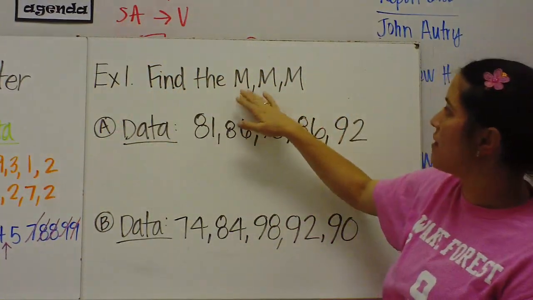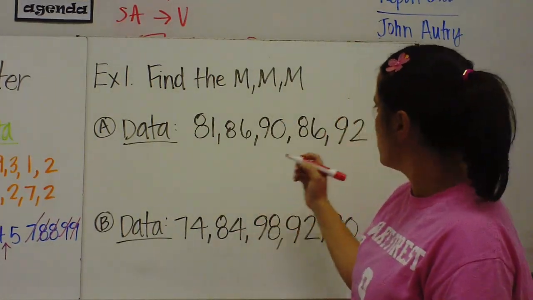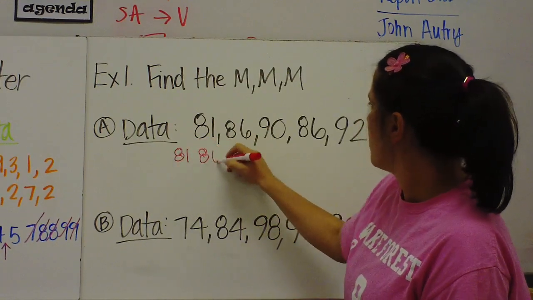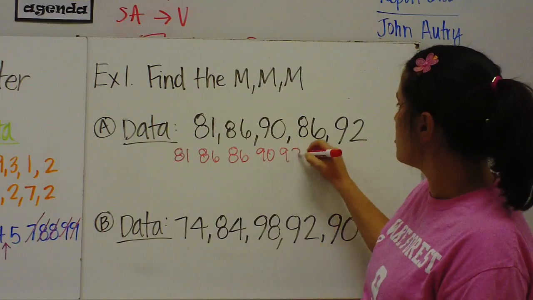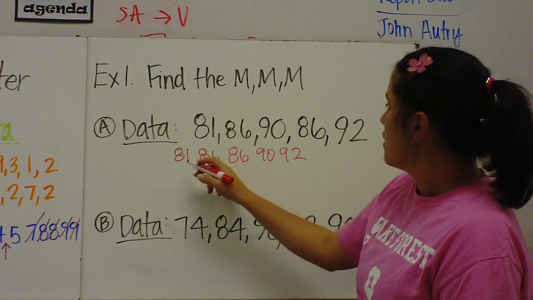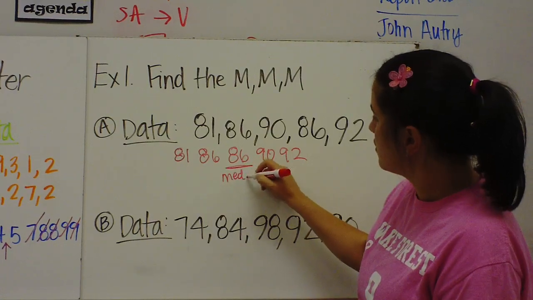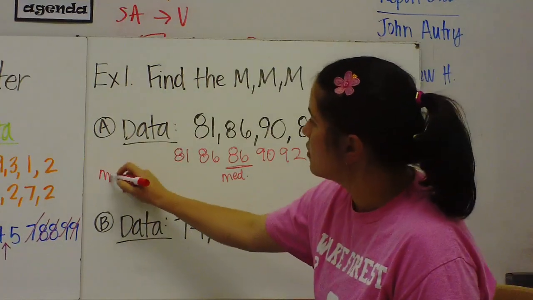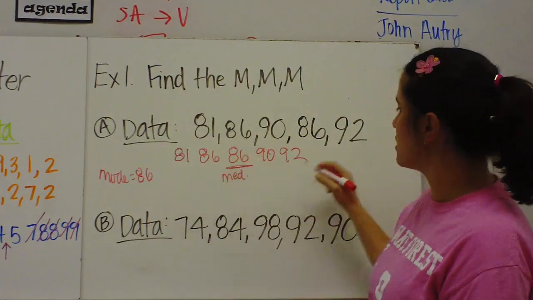Okay, example 1, find the mean, median, mode. So here's our data. We're going to order it. And we get 81, 86, 86, 90, and 92. So I can see that 86 is the median. The mode is 86 also because there's 2 86s.